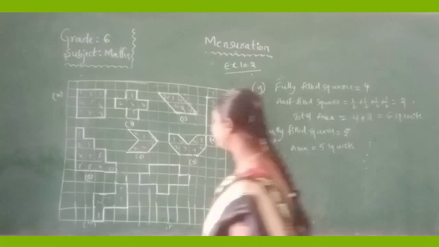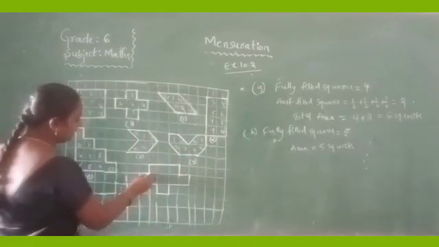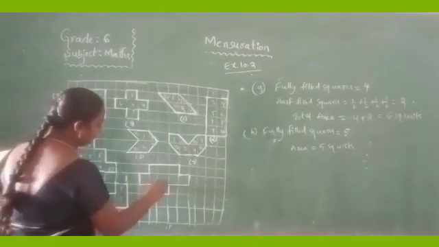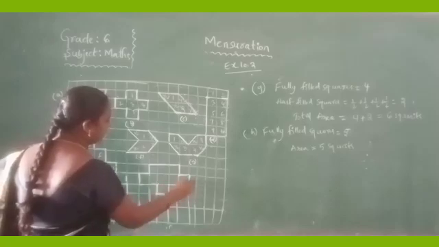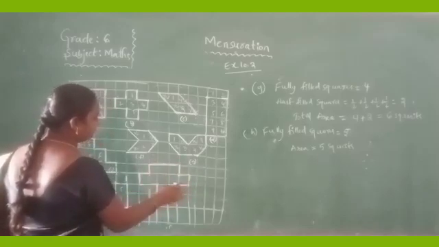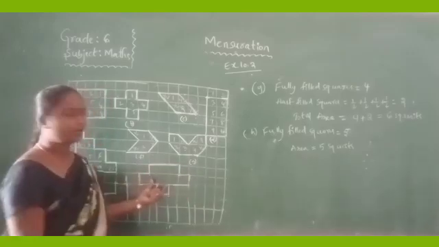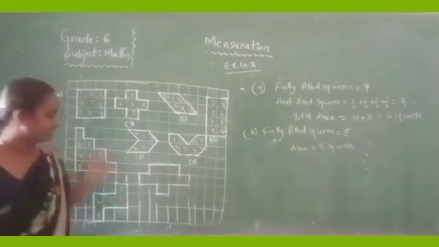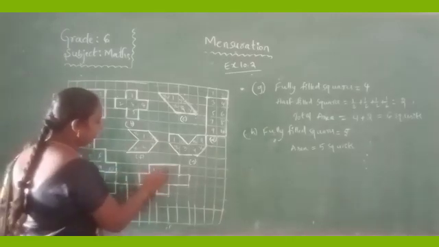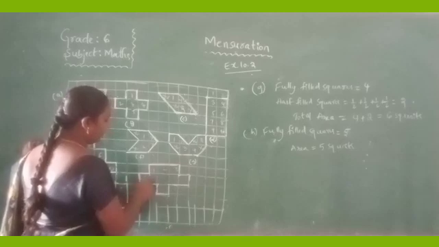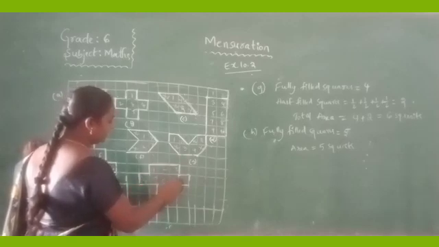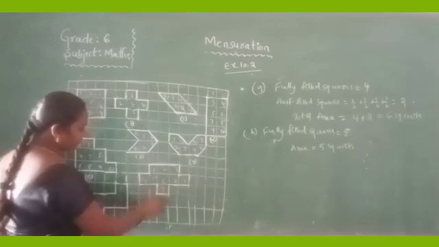And next, the I problem. So what is the shape of this? Here the figure is like this. So draw it neatly. Here also all full squares. Now count: 1, 2, 3, 4, 5, 6, 7, 8, 9.